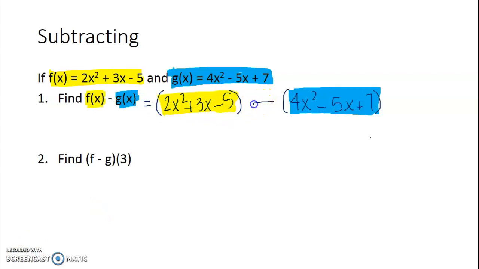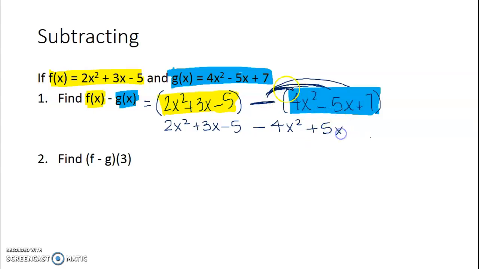When you do this, the minus sign right here distributes to everything in the second set of parentheses. So I can copy this down without parentheses, but a negative times a 4x squared is negative 4x squared. Negative times a negative 5x is a positive 5x. And a negative times 7 is a negative 7.